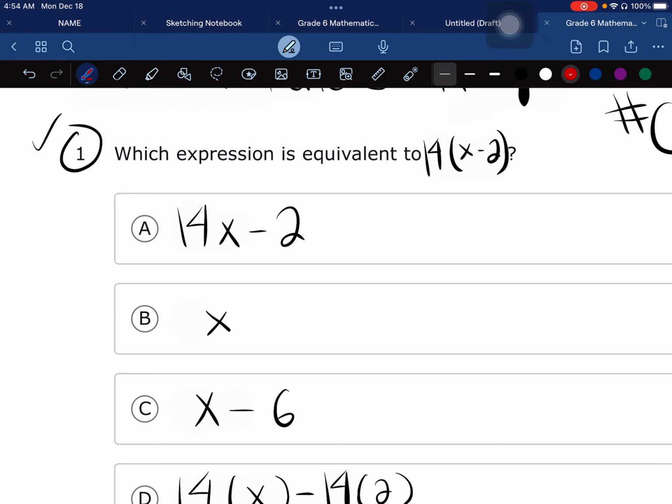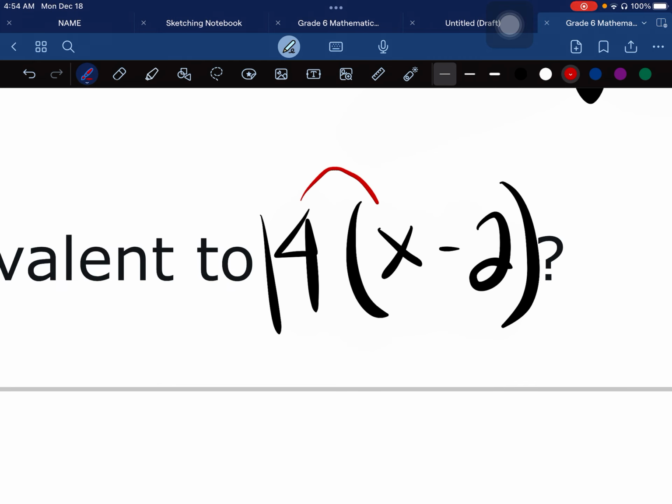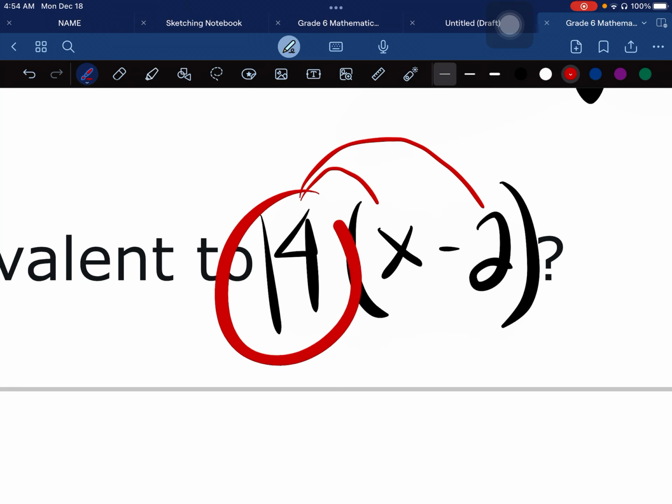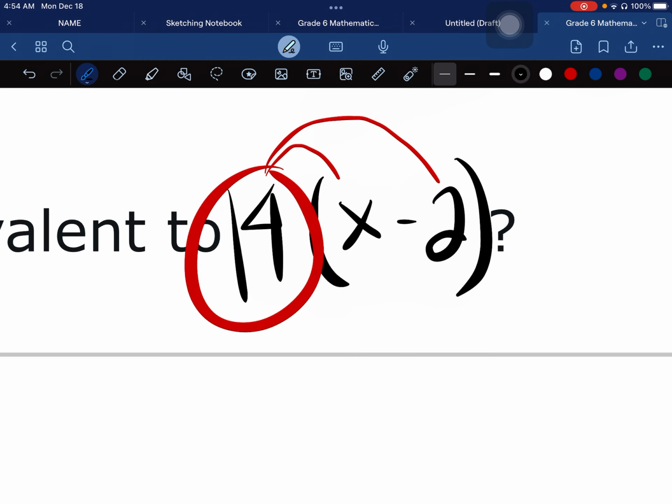Now for this one, chicos, lo que tenemos que hacer es el 14. Extenderse, chicos. 14 has to multiply by everything that's inside. Now, that represents x, and that also represents 2.